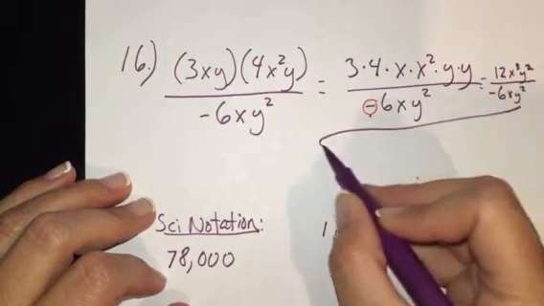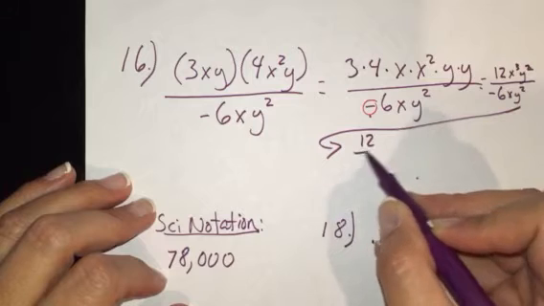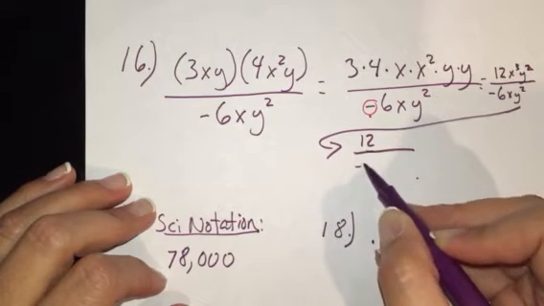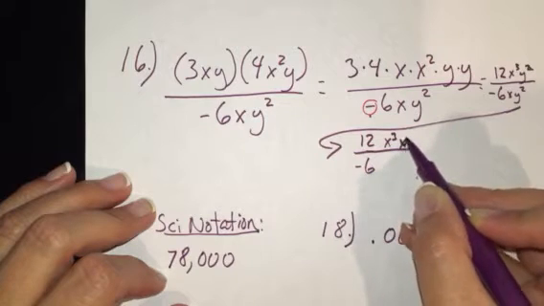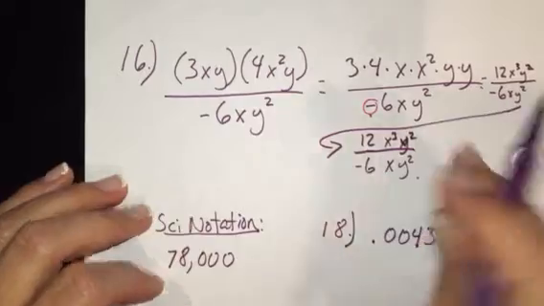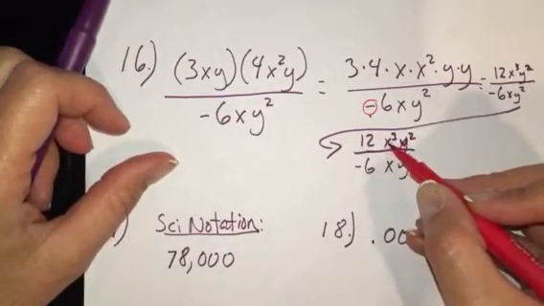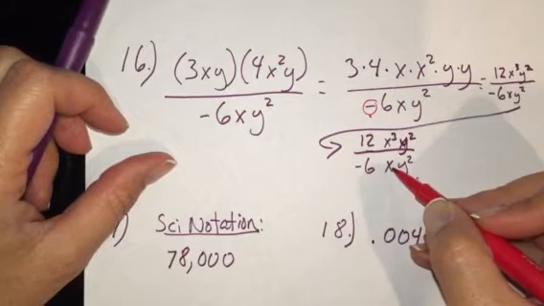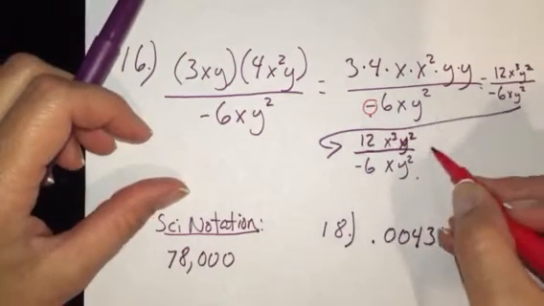I'm going to take that over here and simplify it more. So 12 over negative 6, I'm just going to rewrite it. Whoops, xy2. Okay, so this is like 3 x's and this is 1. So 3 minus 1 is 2.